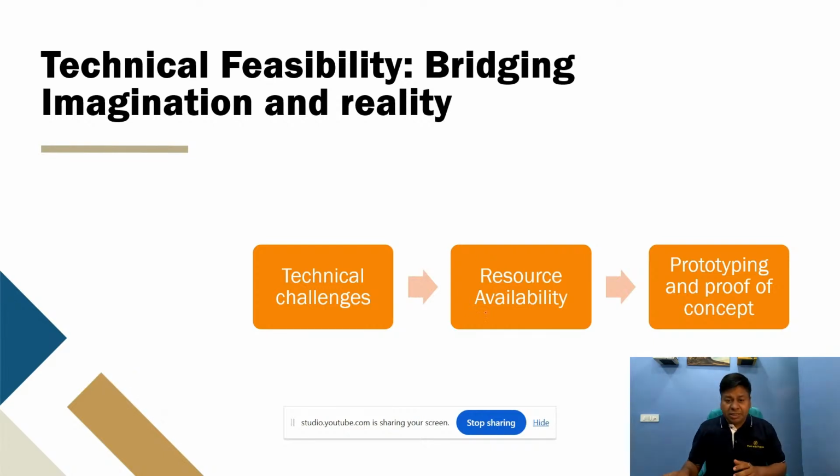Next point is resource availability. Once I am done with the technical challenges and I know what can be the way forward, think about the resource availability. Am I having the right resources to develop this product? Right people, right tools, right skill, right infrastructure?